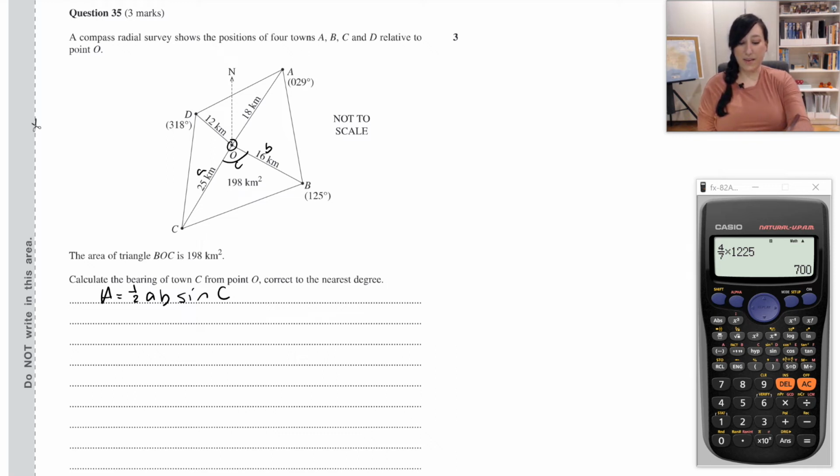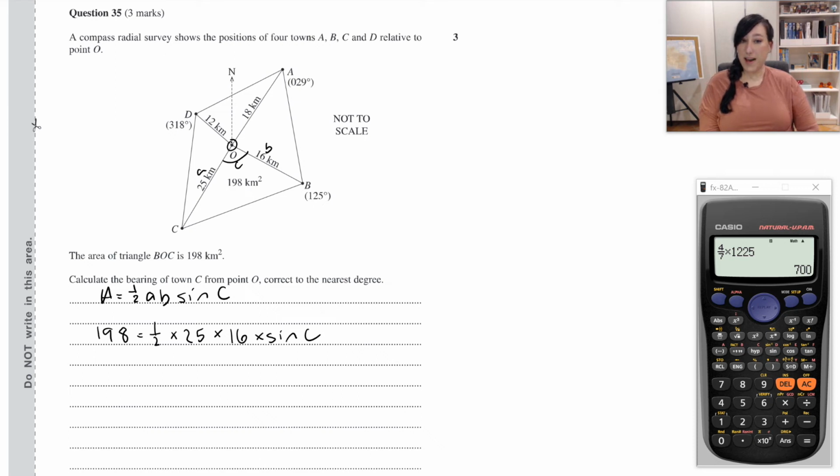So we have area 198 equals 1/2 times a 25 times b 16 times sine of angle C. Just keep in mind, it doesn't matter which side is a and b as long as angle C is between them.